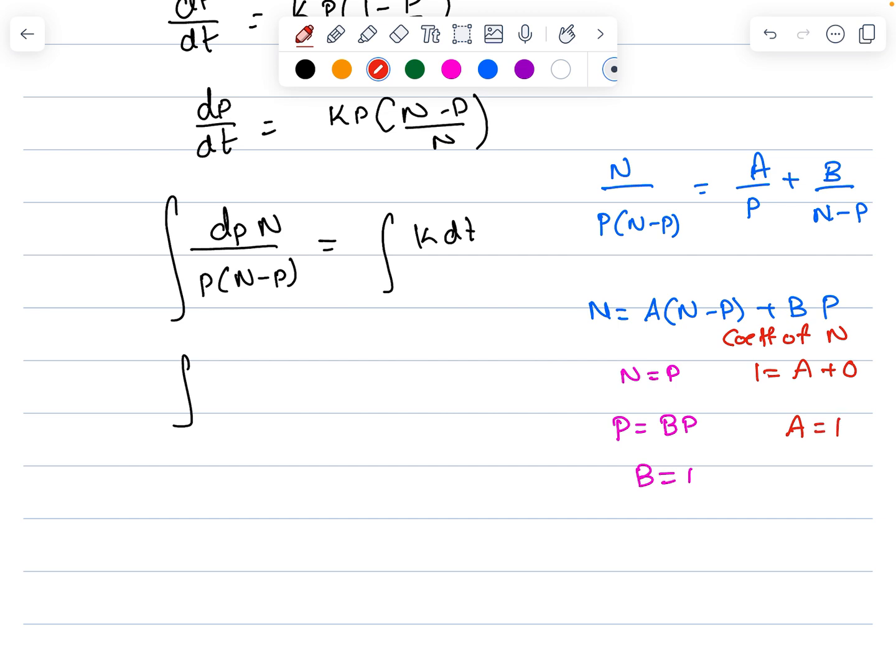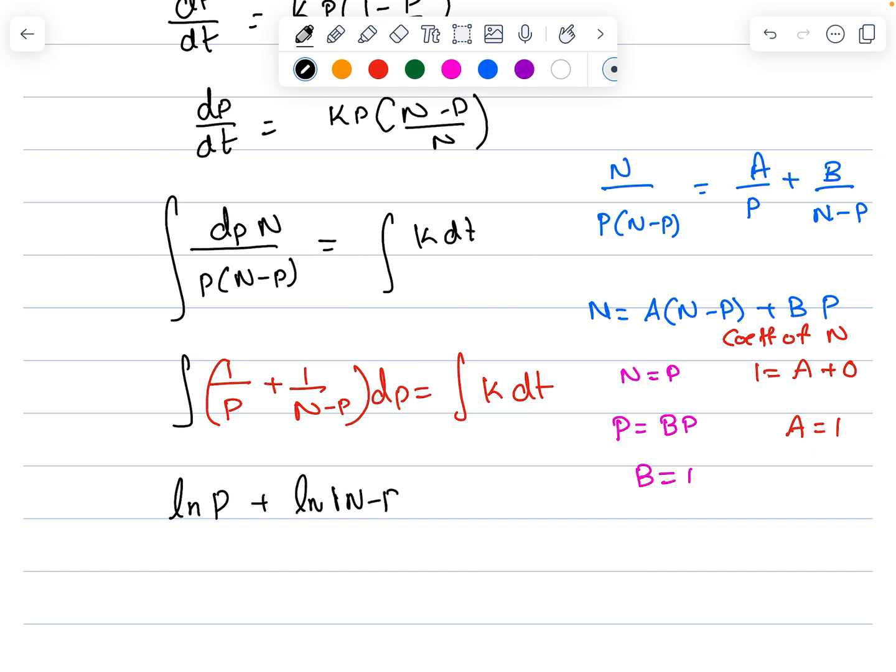So what will be the partial fractions? (1/P + 1/(N - P)) dP equals the integral of k dt. So it is ln P plus ln(N - P). Don't forget to divide by the derivative of the basic function, divided by minus 1, equals kt plus c, a constant.